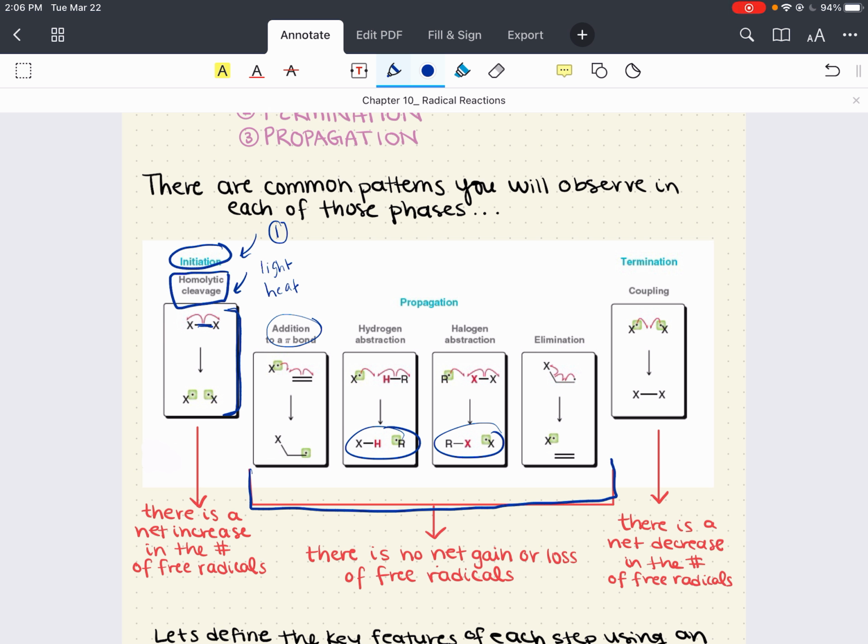What happens in elimination is a double bond forms between the alpha and beta position, and the beta position is cleaved, causing the compound to fragment into two pieces. So what can happen is this single bond can break off where the atom attached takes one electron, and then this radical electron as well as one electron from this bond gang up to form a double bond.